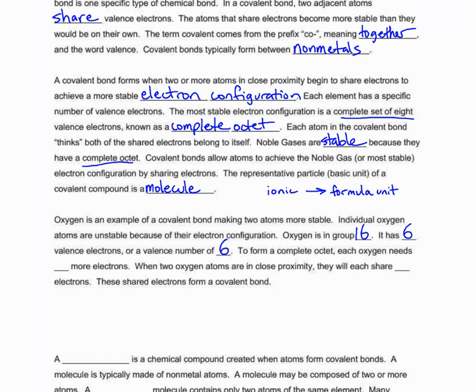That's the same thing as 6 valence electrons. To form a complete octet, each oxygen is going to need 2 more electrons. So what happens when 2 oxygen atoms are in close proximity? They're each going to share 2 of their electrons. And these electrons are going to form covalent bonds.